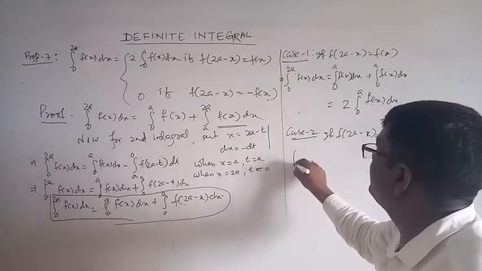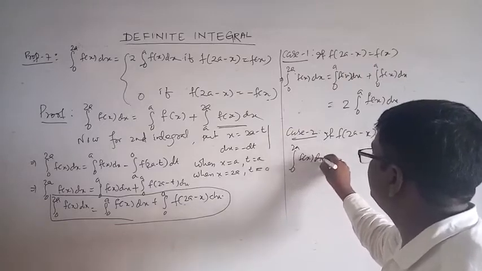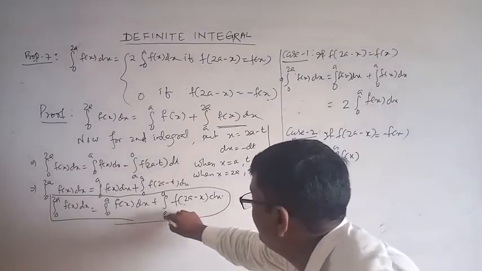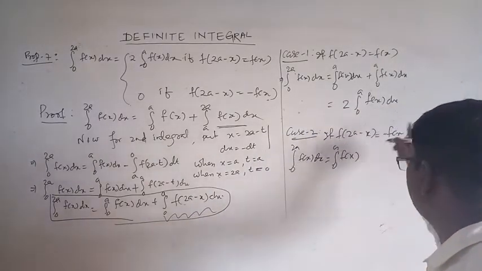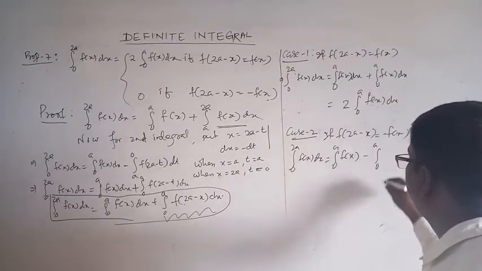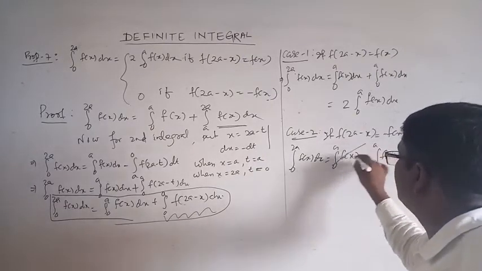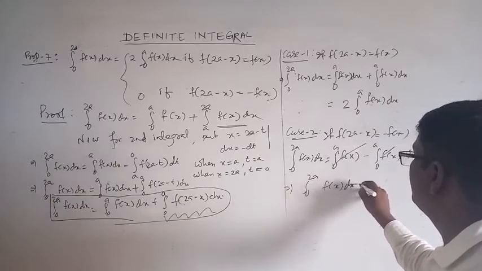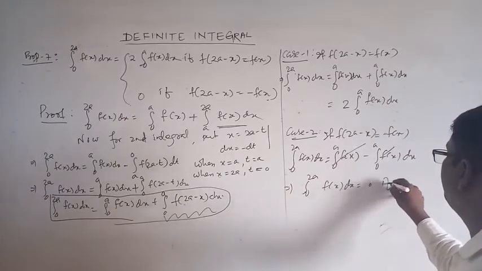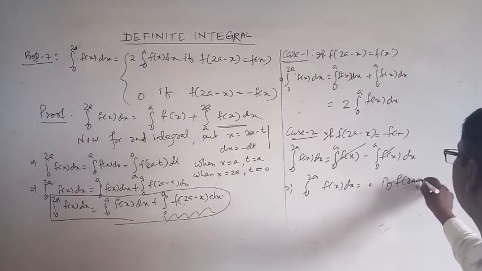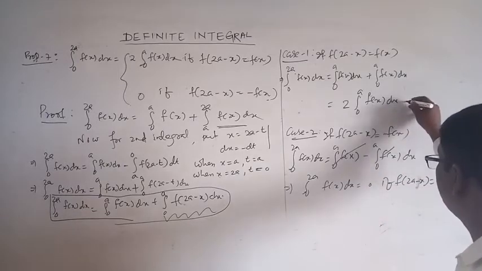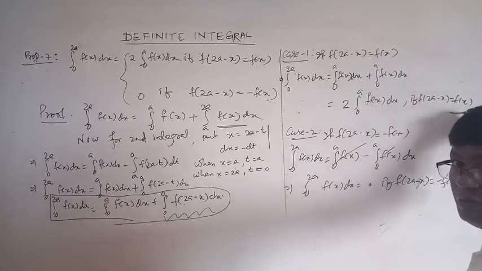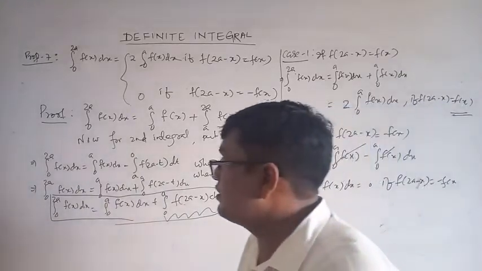Integration 0 to 2a f of x dx is equal to integral 0 to a f of x dx, and here it becomes minus f x. So minus integral 0 to a f of x dx. So this cancels, therefore integral 0 to 2a f of x dx is equal to 0 if f of 2a minus x is equal to minus f x. And this is equal to 2 times integral 0 to a f of x dx if f of 2a minus x is equal to f of x. Okay, this is the proof of property number 7.